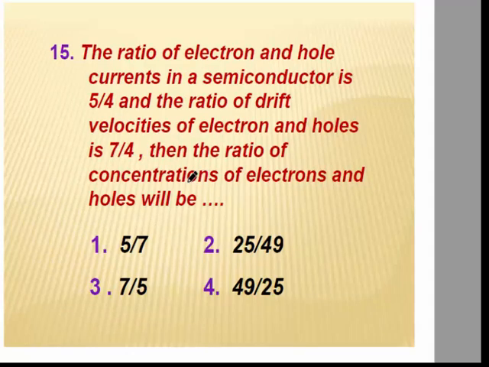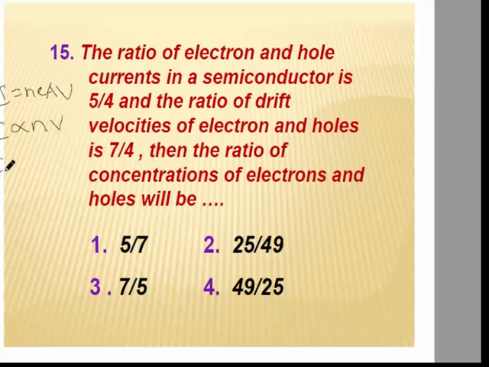The ratio of electron and hole currents in a semiconductor is 5/4. The ratio of drift velocities of electrons and holes is 7/4. Then the ratio of concentration of electrons and holes? We know that current I equals NEA into V. So current is related to N directly and to V directly, so I is proportional to NE.